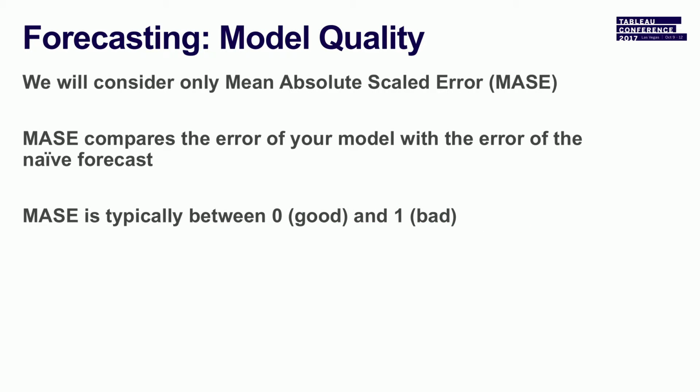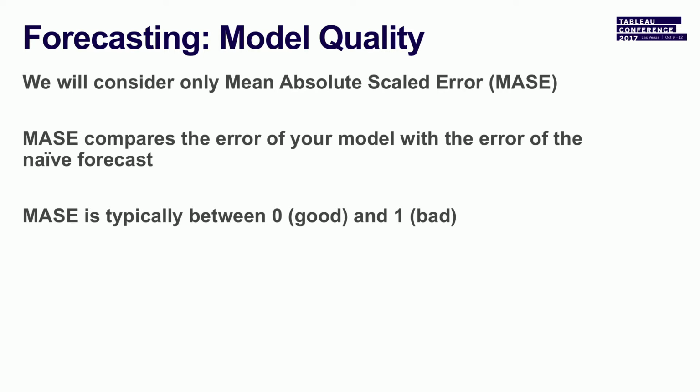For our purposes, we will consider only one quality metric, and that is the mean absolute scaled error, or the MASE. The MASE compares the error of your model with the error of the naive forecast, which we'll talk about on the next slide. MASE is typically between 0, which is impossibly good, and 1, which is bad.